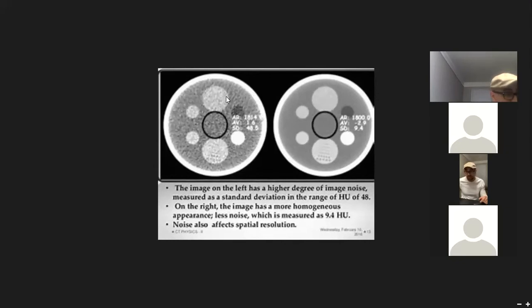Do you guys see that? How it's really grainy and mottled. Yeah. Okay. And the one on the right is very clear. It's easy to distinguish these things, right?